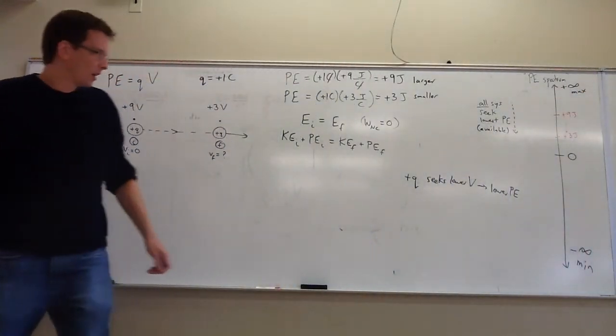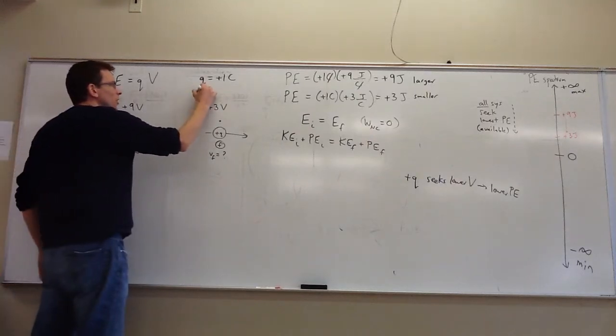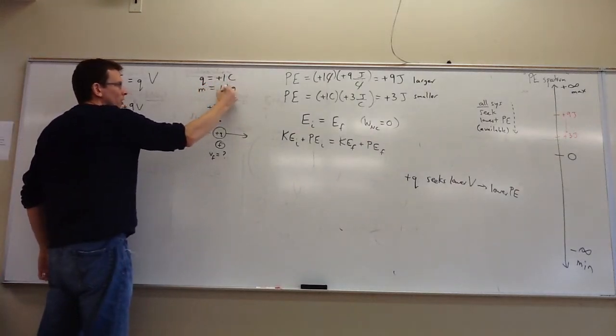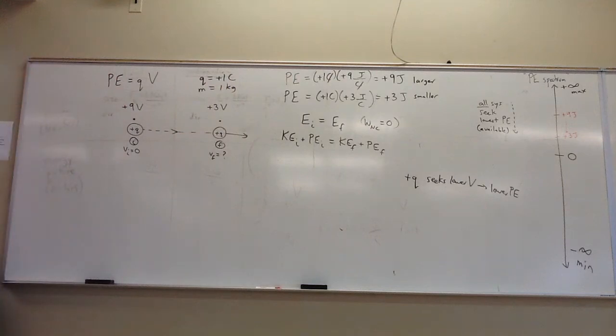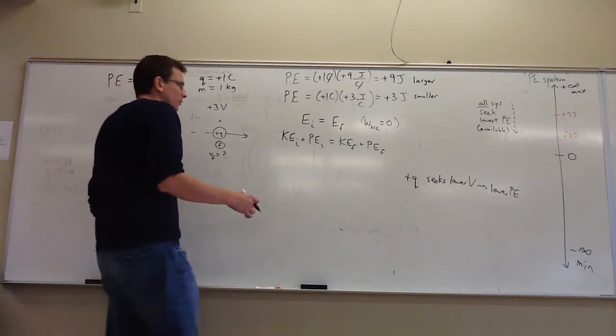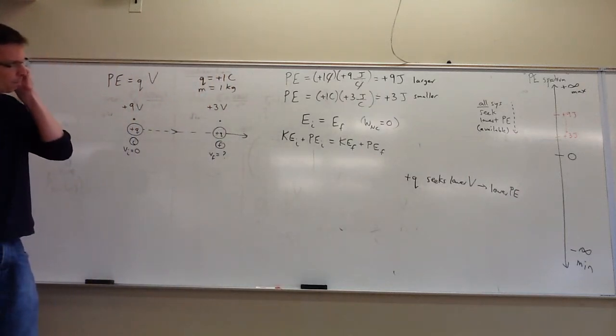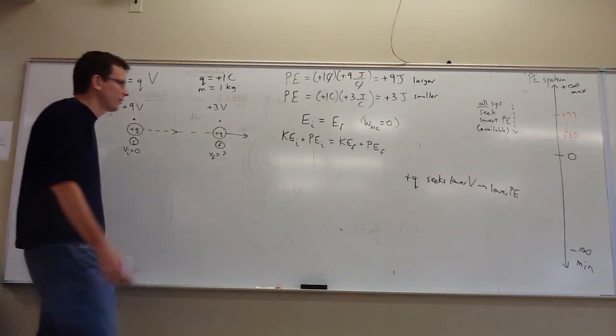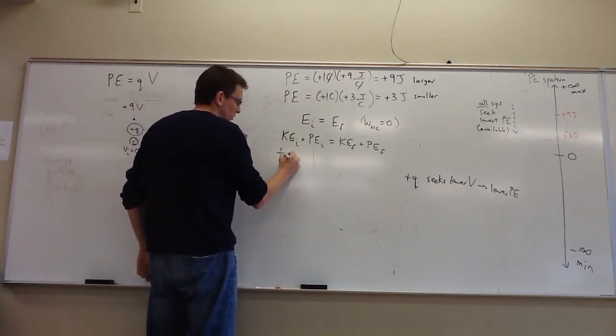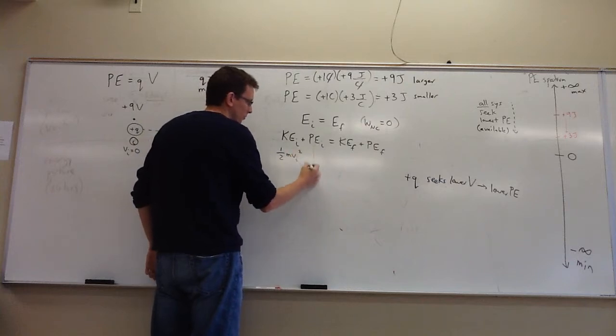Oh, I guess the one thing I also forgot I'm going to have to tell you is the mass of the charge, and I'm going to make it 1 kilogram. I must have been putting this together without a calculator. That's why everything's 1. Okay. So let's first go attack here. Let me remind you what the formula is for kinetic energy: 1/2 mv squared.